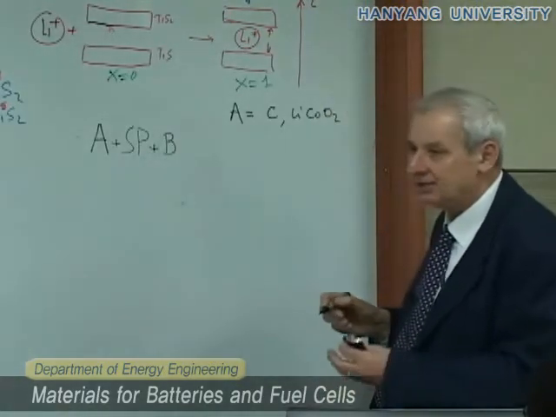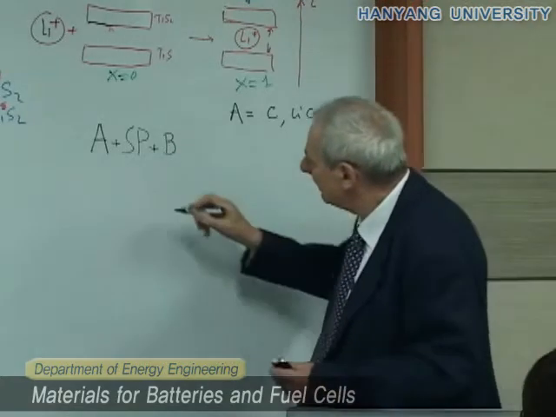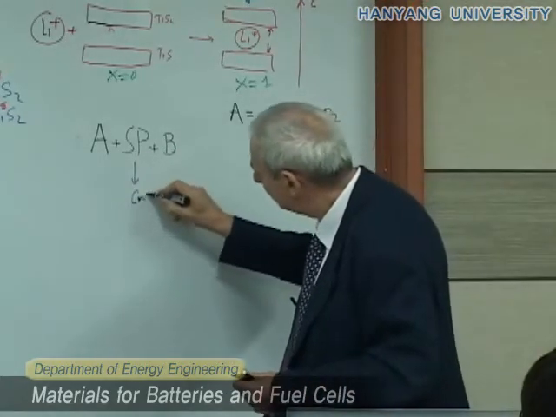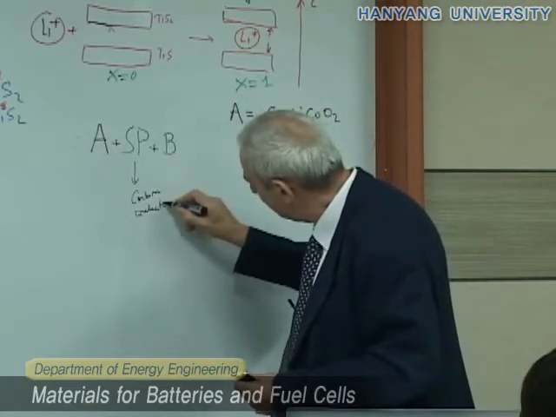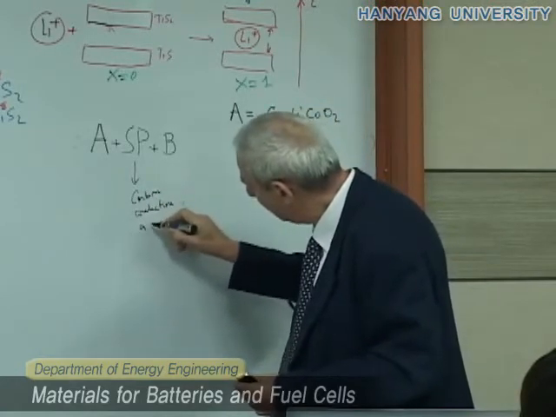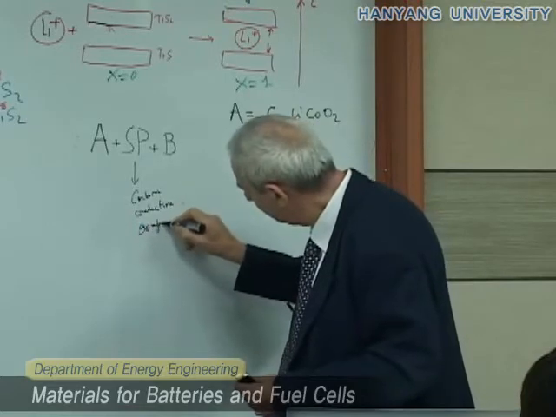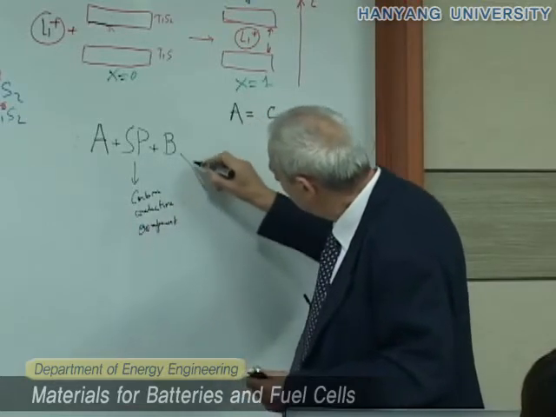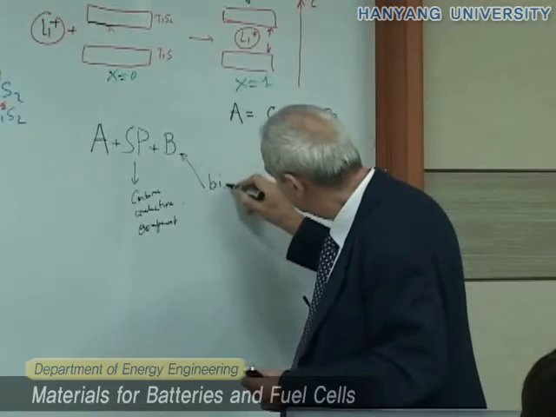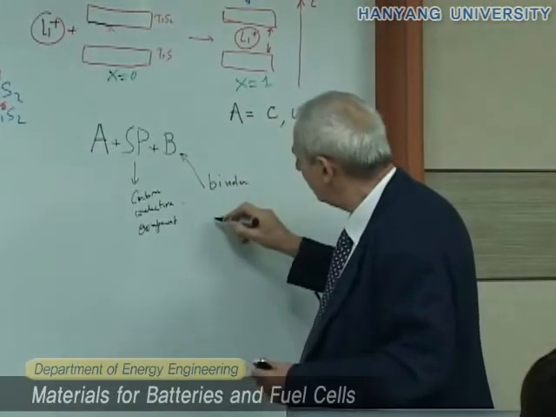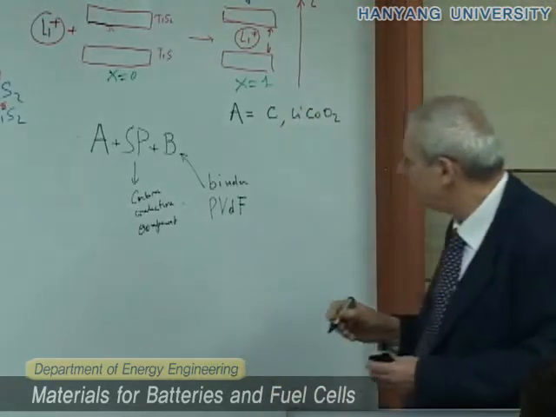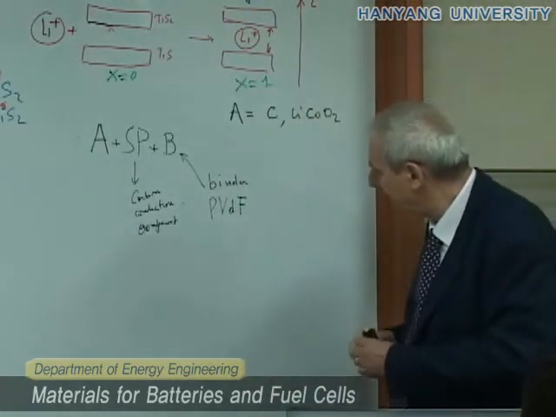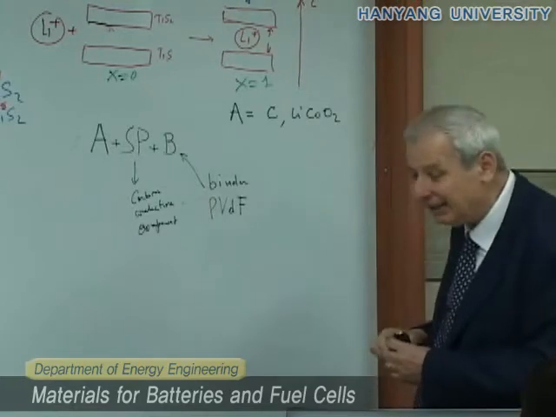What is a binder? This is a carbon, a conductive component. B is the binder, which is a polymer, most commonly PVDF, polyvinylidene fluoride.